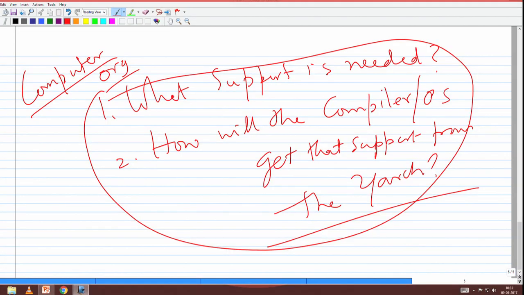Now this is also called, like you have an API, right? What is the expansion of API? Application Programmer Interface. This interface is called ABI, Application Binary Interface. Now understanding this ABI is the subject matter of computer organization.